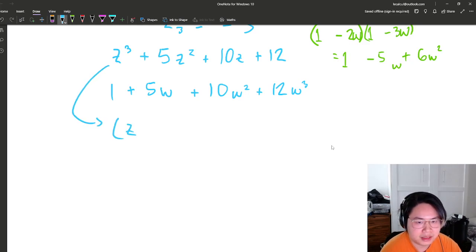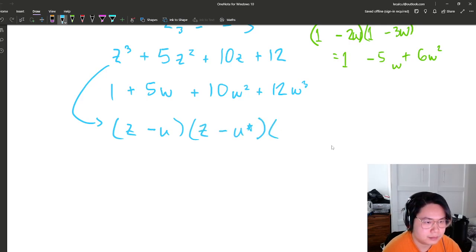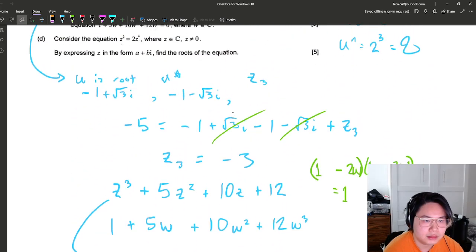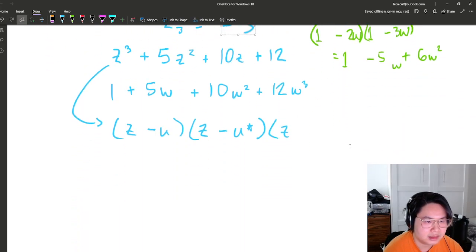So again, I know the three roots of the z polynomial. -3.